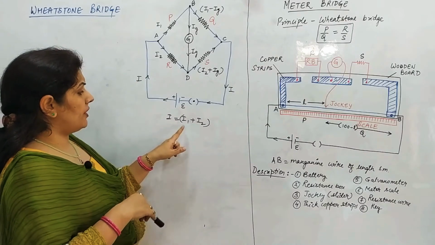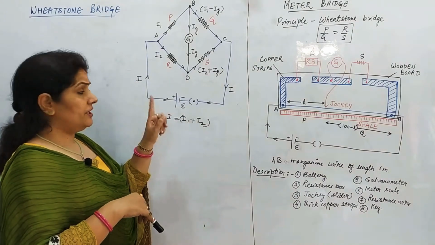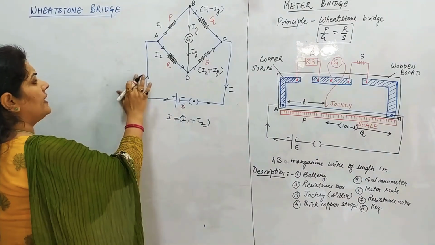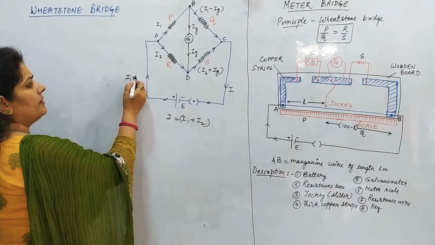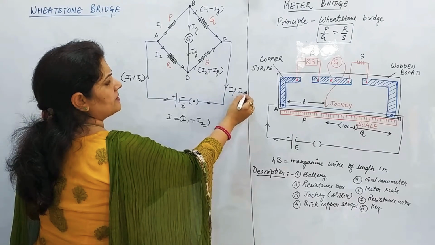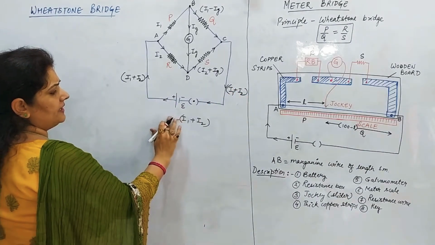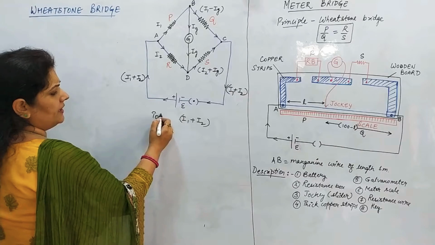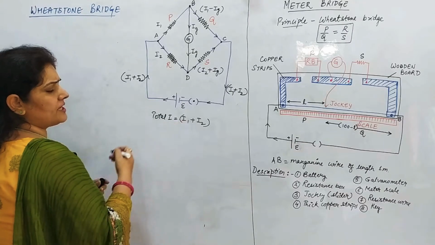So I की जगह what we can write I1 plus I2. I1 plus I2 was coming and I1 plus I2 will be coming back. Rather than writing I, we will write total current was I1 plus I2.